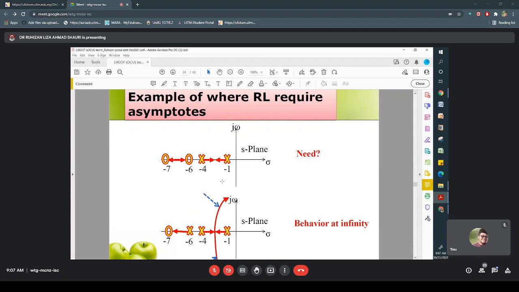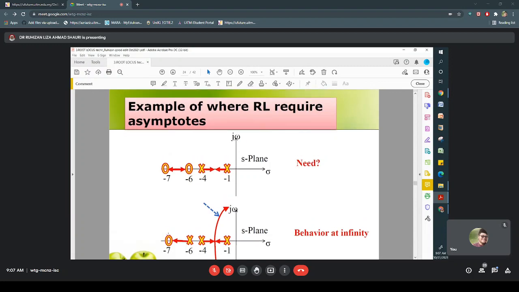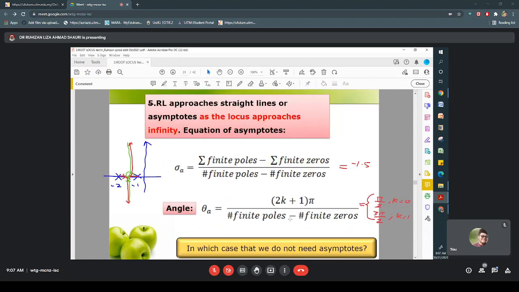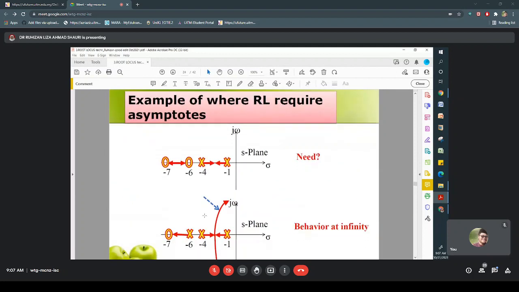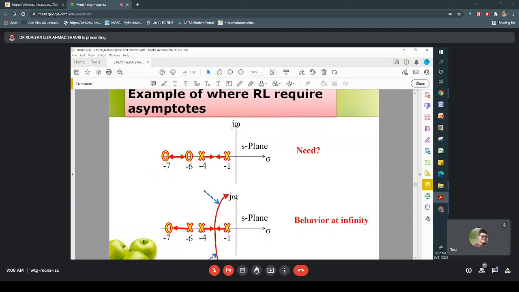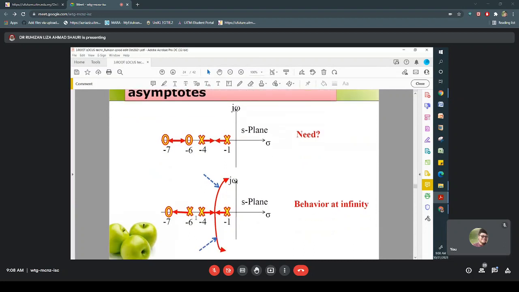Pick this example: 3 poles versus 1 zero. 3 poles minus 1 zero, 3 minus 1, what do you get? 2, isn't it? So you have 2 locus that go towards infinity. So your answer is pi over 2 for k equals 0, and also 3 pi over 2, same answer as this one. I hope that you get it.